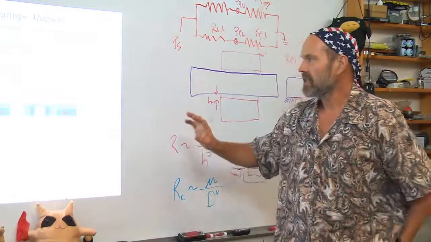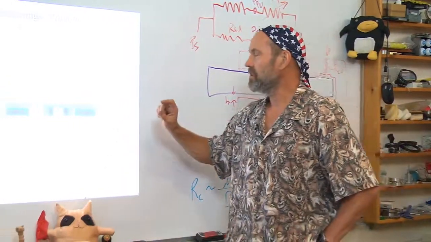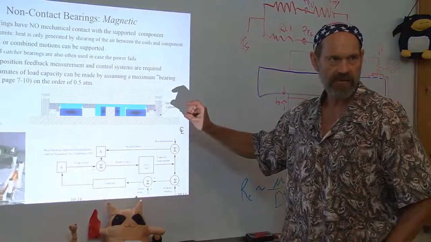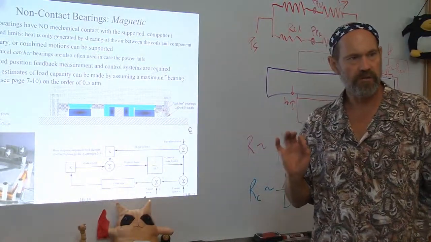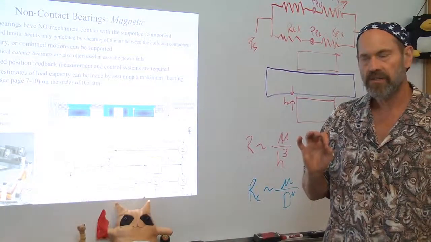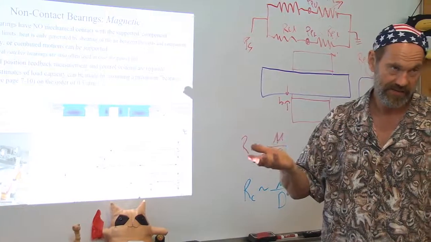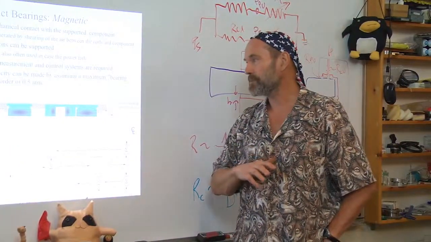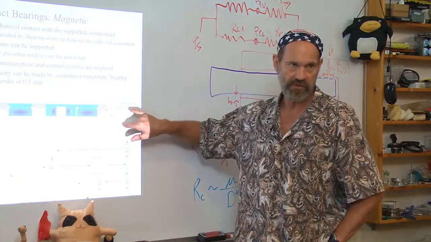But the principle of magnetic bearings, like hydrostatic bearings, means that you can have no physical mechanical contact between structures. And when you have no physical mechanical contact, just a fluid layer, either from the fluid being hydrostatic or hydrodynamic, or the absence of all fluid and still having a gap, which is what you could do with magnetic bearings.